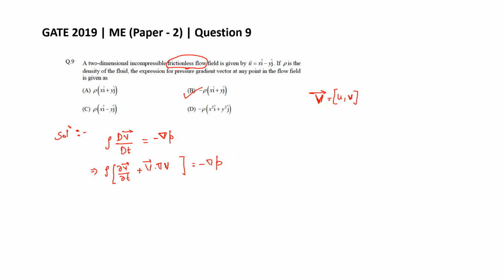Now they are asking us to calculate the expression for the pressure gradient vector. So this minus has to be shifted there, and after this I'll just write it into the component forms.